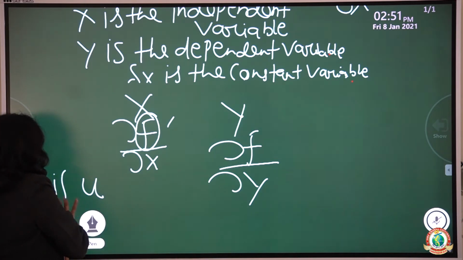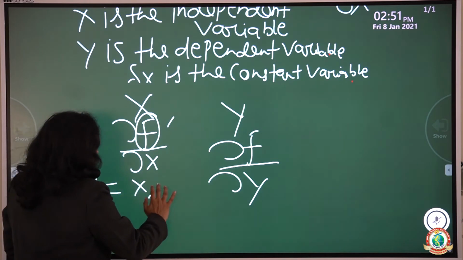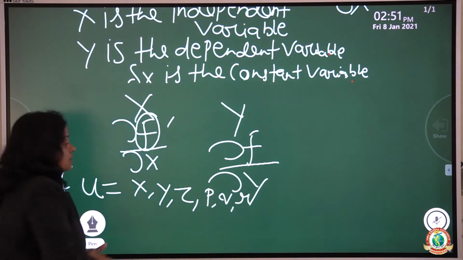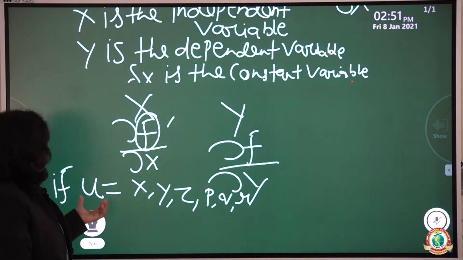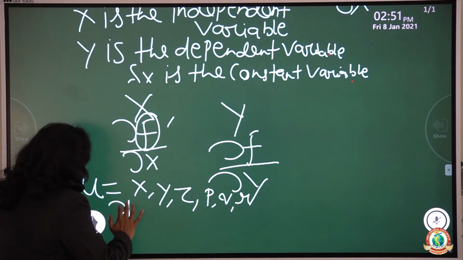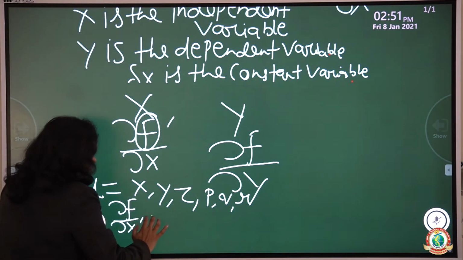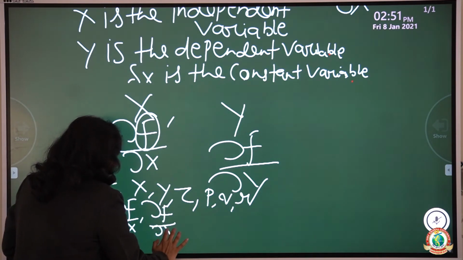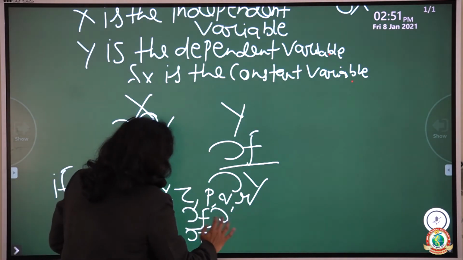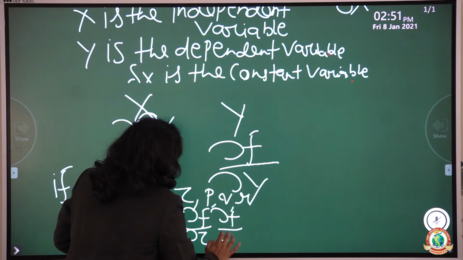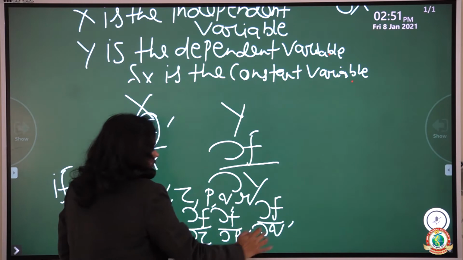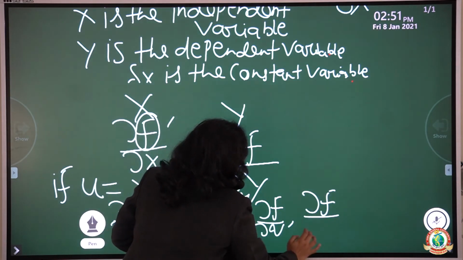If u is a function of x, y, z, p, q, r, the more variables in any function u, its partial derivatives are del f by del x, del f by del y, del f by del z, del f by del p, del f by del q and del f by del r.